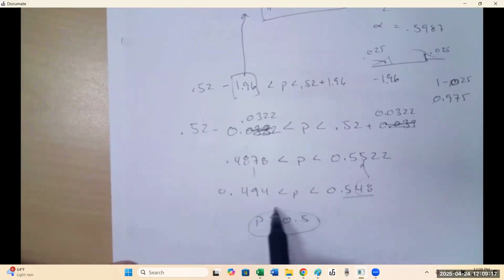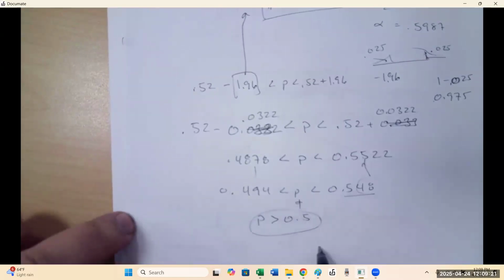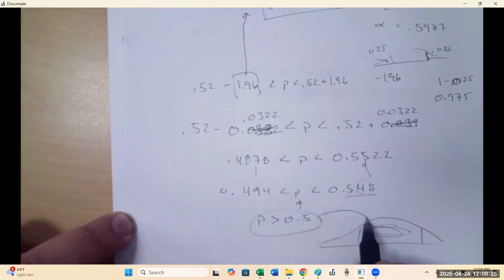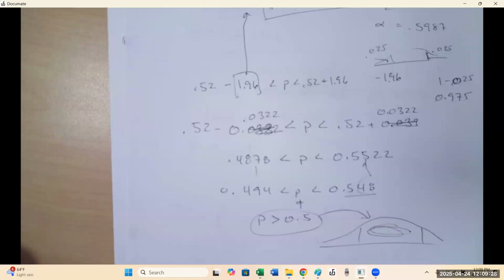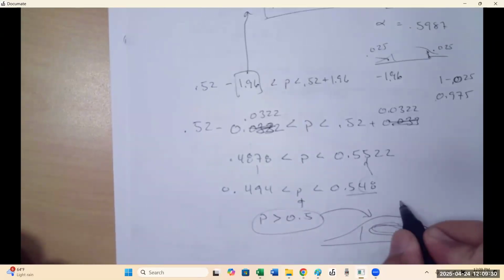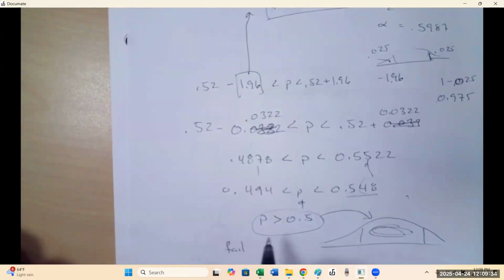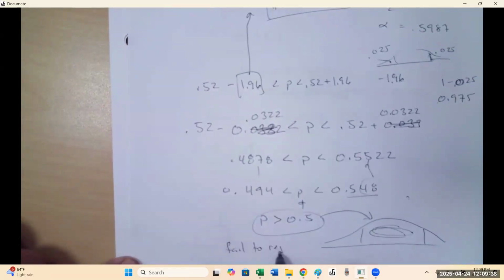Because we're not in the critical regions, we're inside there. We're inside here. That one falls within there. So we fail to reject H0.